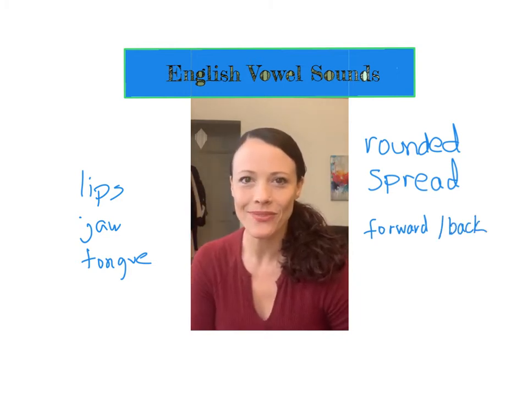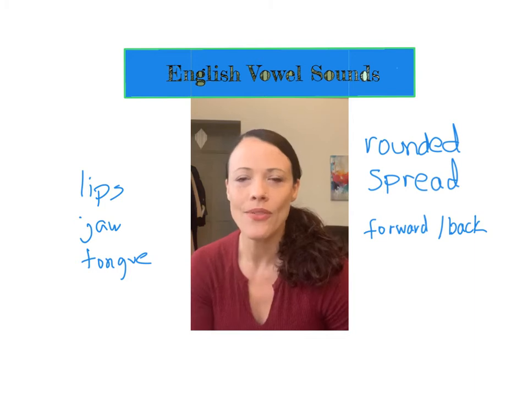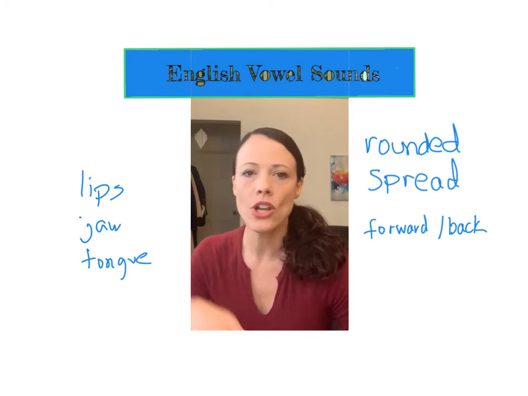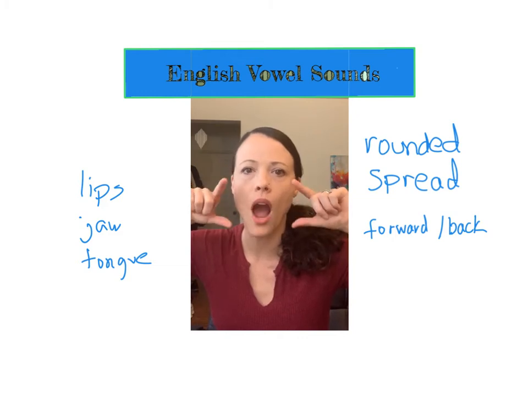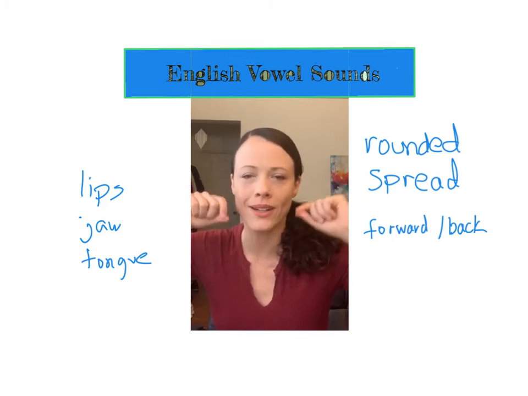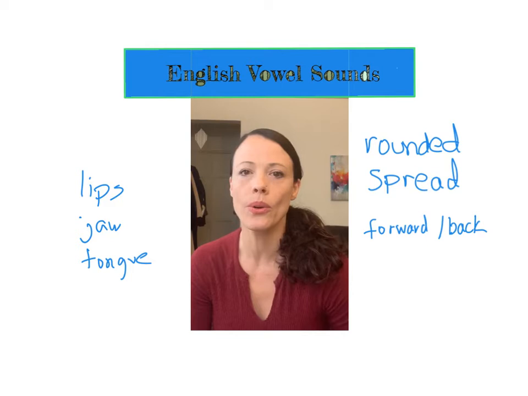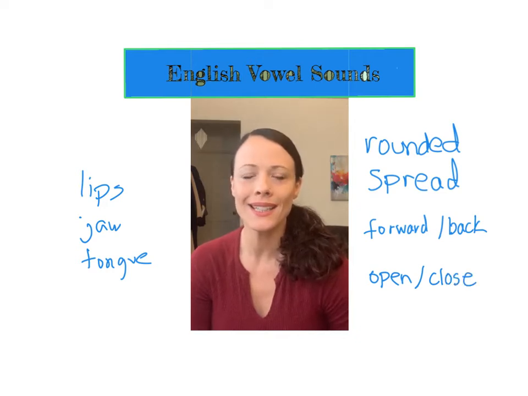All right, good. Now, our third part to think about is the jaw. The jaw opens and closes. Right? So we're going to think about that as we practice the sound E, ah, E, ah, E, ah.